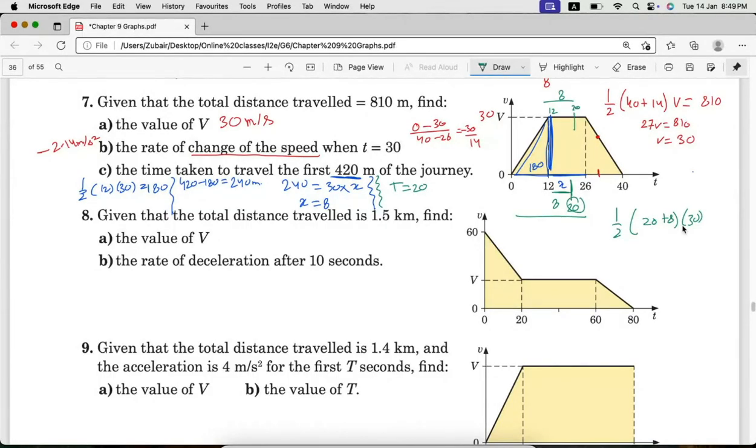Strong grip on mensuration. This is all area and gradient, nothing else.